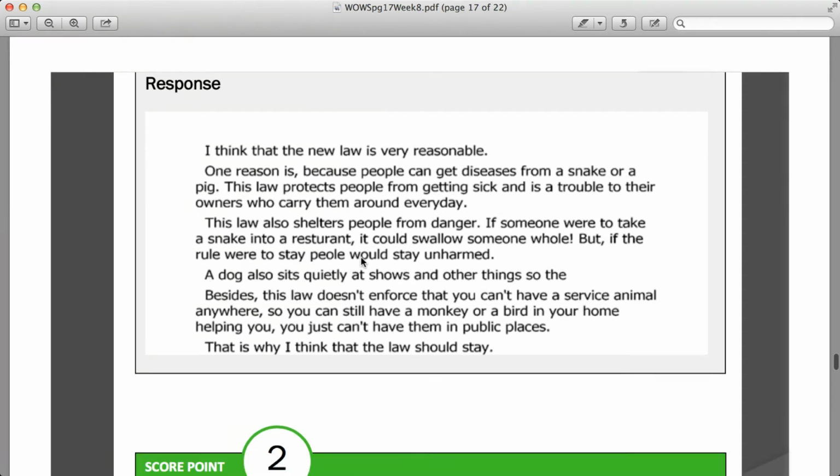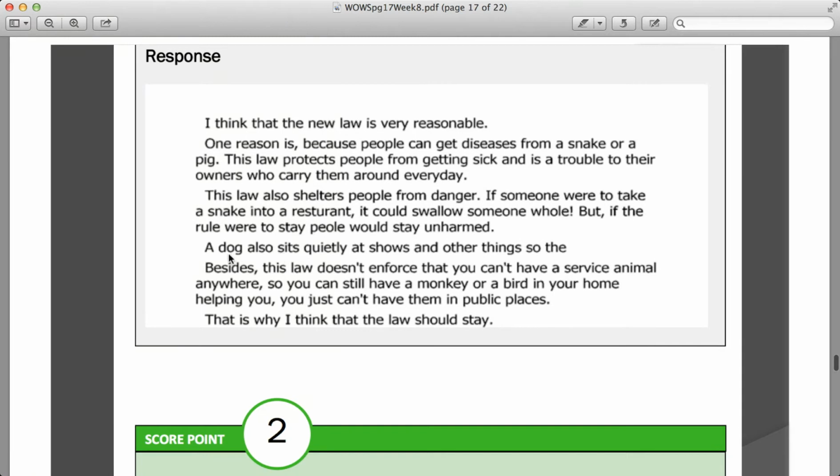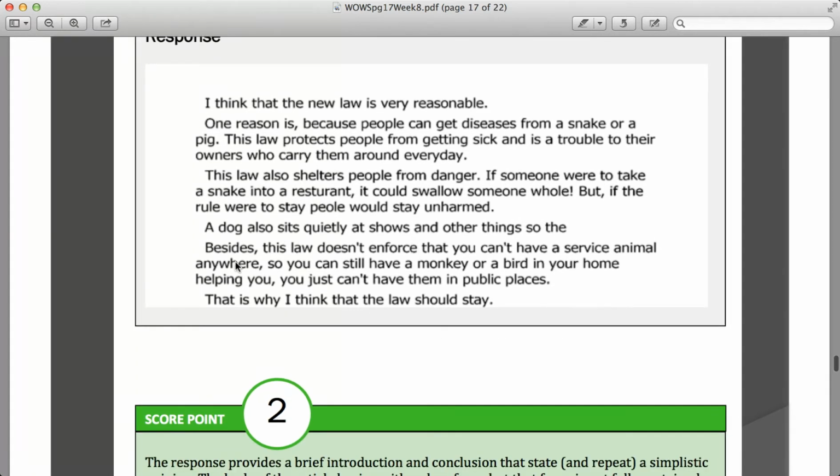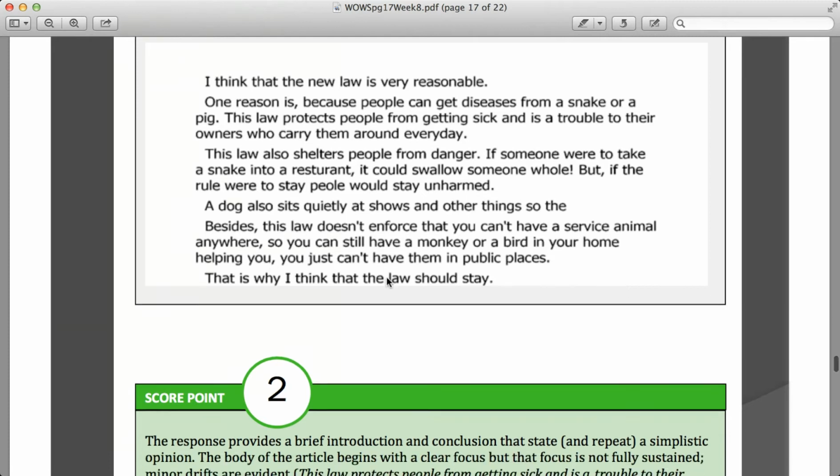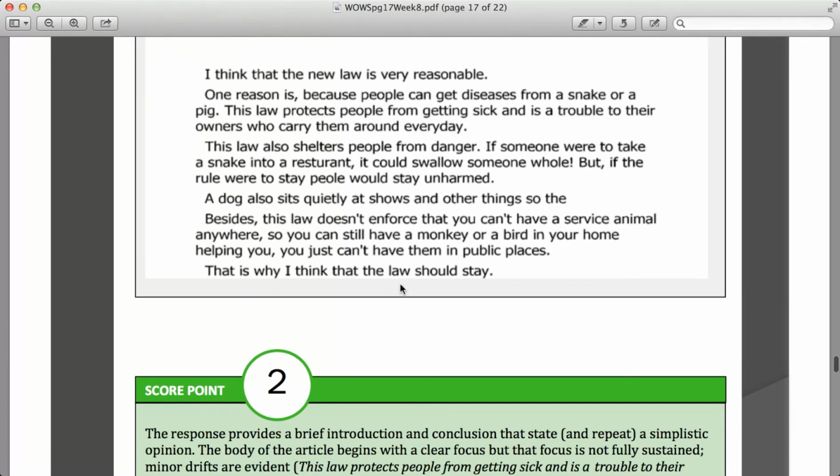But if the rule were to stay, people would stay unharmed. A dog also sits quietly at shows and other things. So besides, this law doesn't enforce that you can't have a service animal anywhere. So you can still have a monkey or a bird in your home helping you. You just can't have them in public places. That is why I think the law should stay.